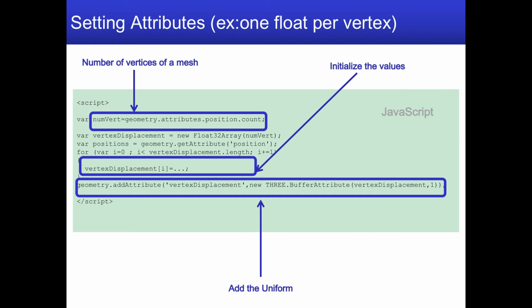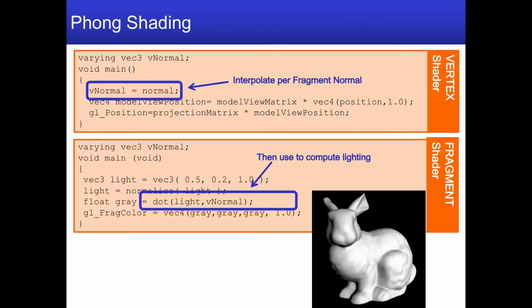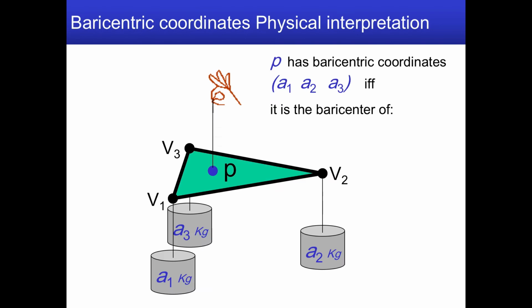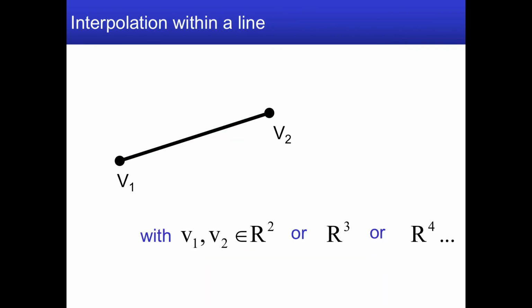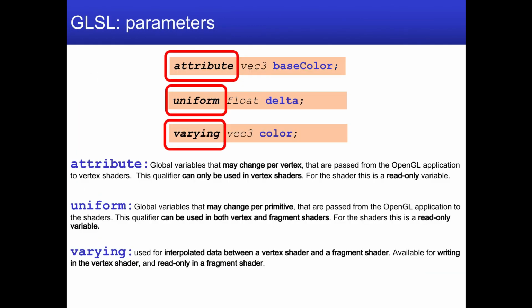Then you can, for example, define some attribute. You remember I can define an attribute, which is defined per vertex, right? We'll see later in the code.